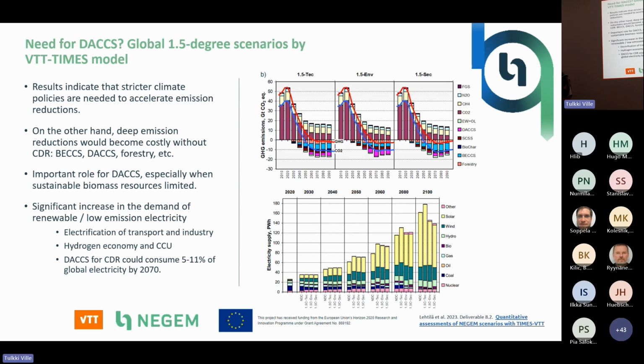And in these scenarios, the consumption for DACs could be even from 5 to 11% of the total global electricity demand around year 2070, when the use of this technology peaked. So this can be a very important issue to think about in the future planning of our energy systems.